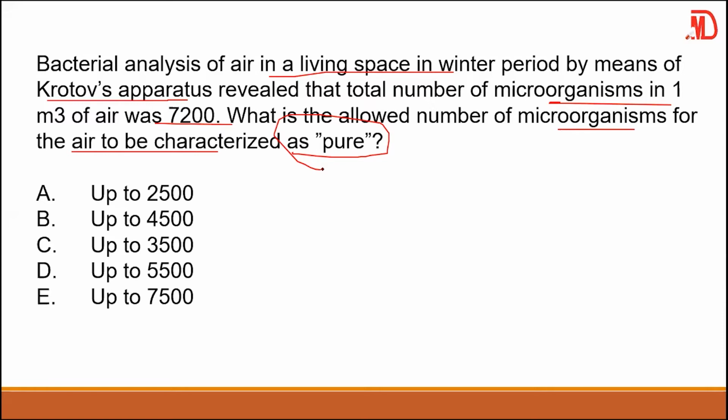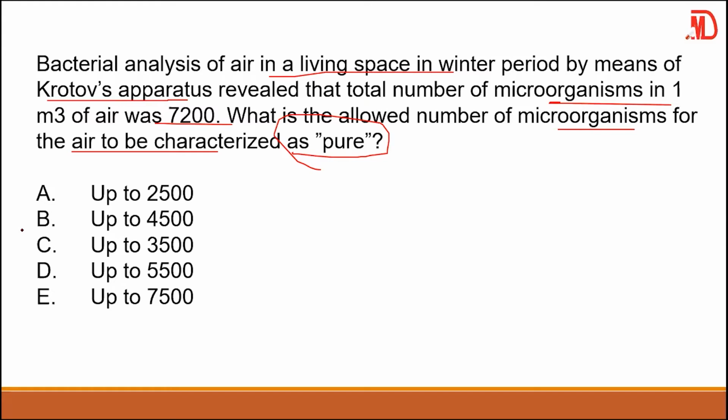For clean air, also known as pure air, in winter it should be less than 4,500. In summer, it should be less than 1,500. For impure air, in winter it should be more than 7,000, and in summer more than 2,500.